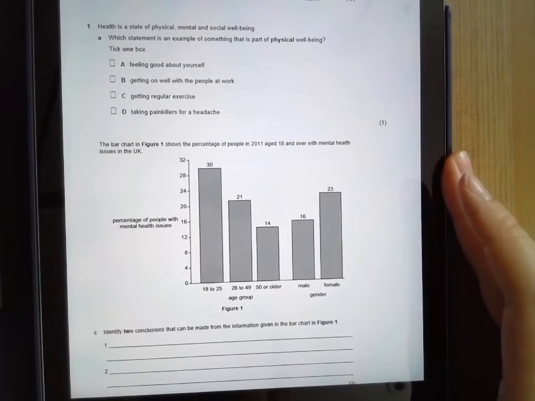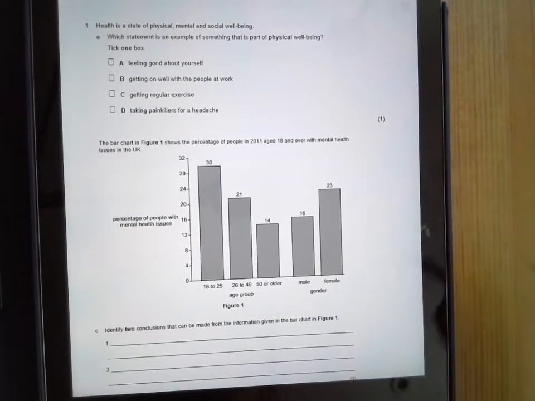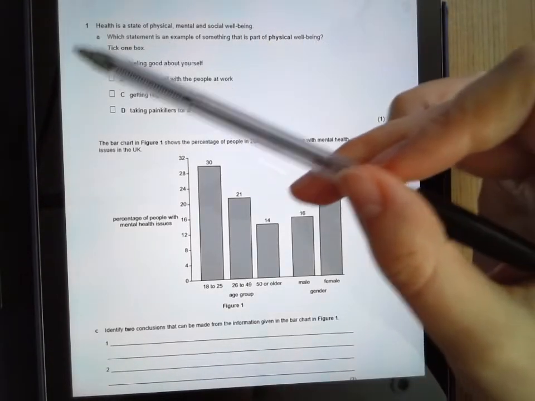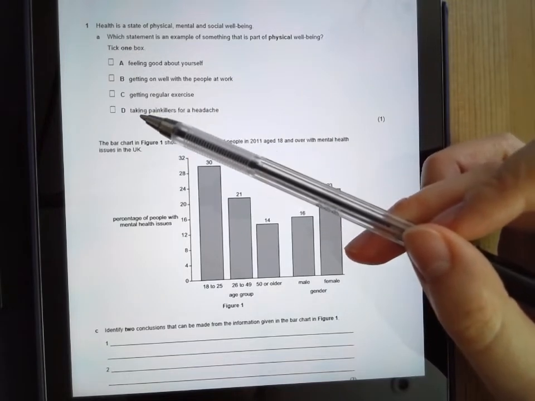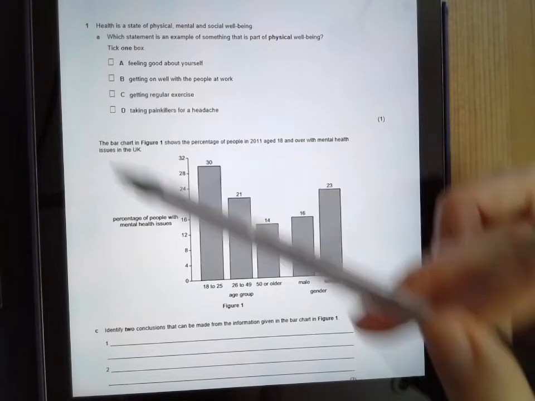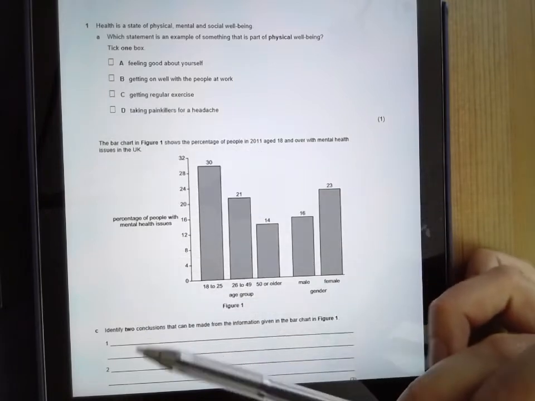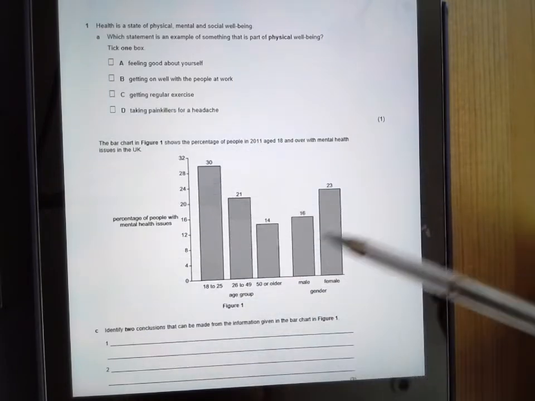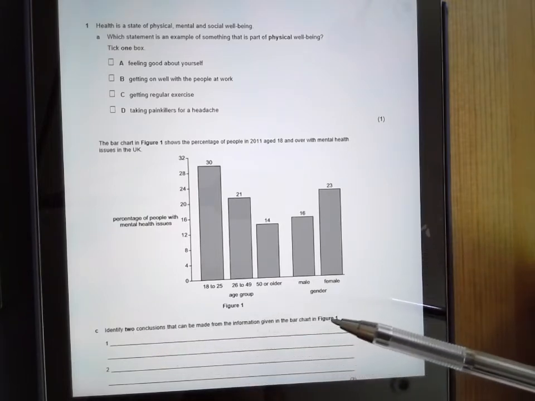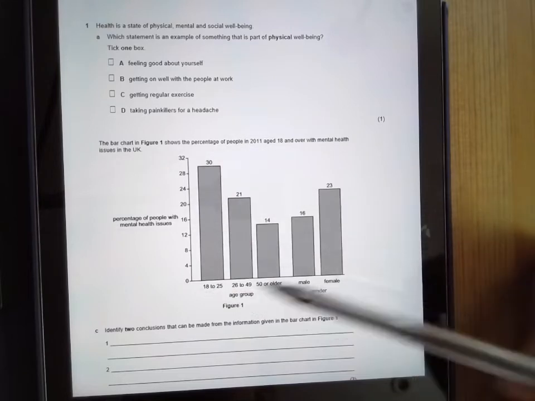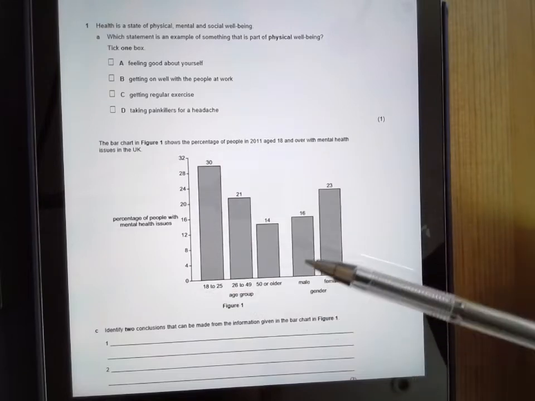So the first question here is just a tick box. In your book, you'll write down question number 1 and just write down if the answer is A, B, C, or D. In one part C, so there's no 1B, it gives you this graph, and it asks you to identify 2 conclusions that can be made from the information in the bar chart. Now that might seem like a difficult question, but it's actually really easy.